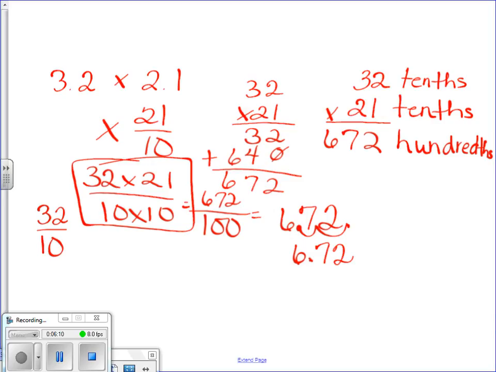So then when you have 672 hundredths, I don't like it. I'm going to say it again. I don't like it. Or as Reagan used to say when she was 3, I can't like it. So, can't like it.